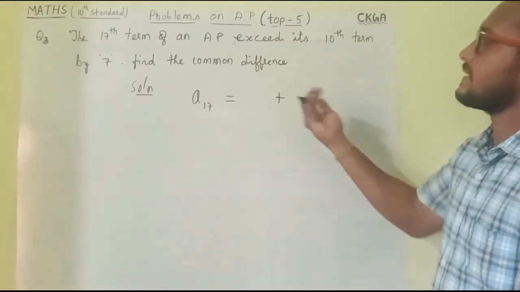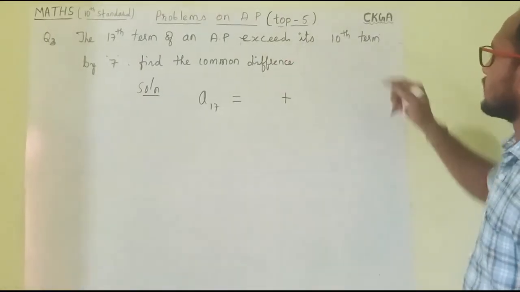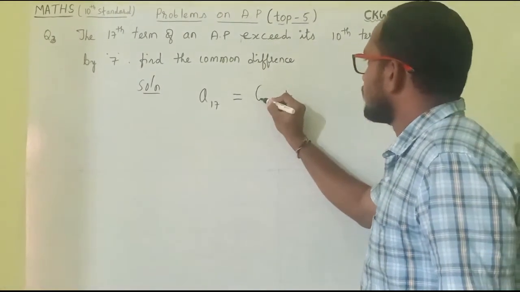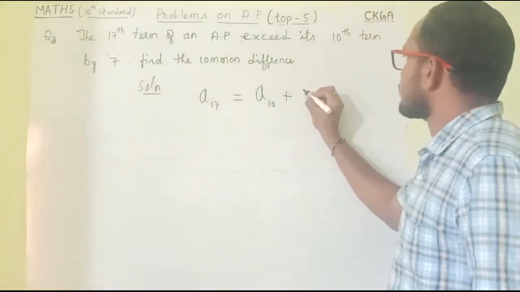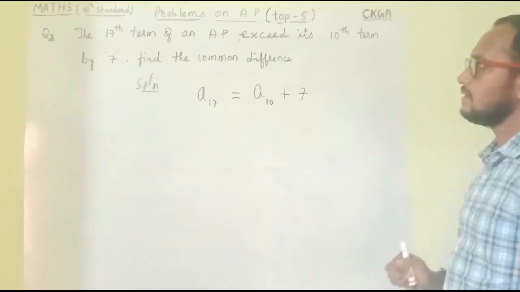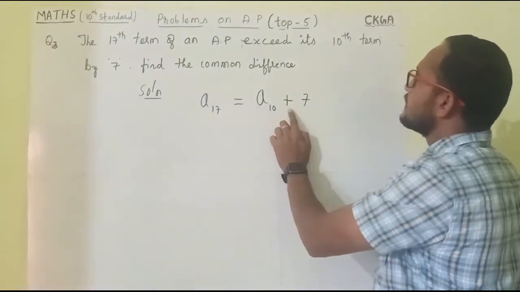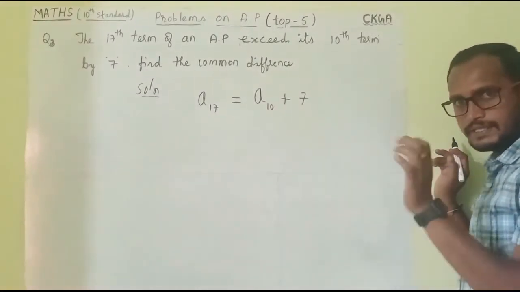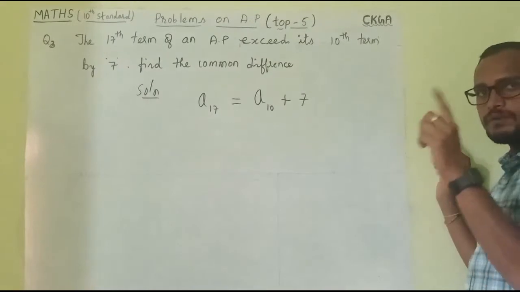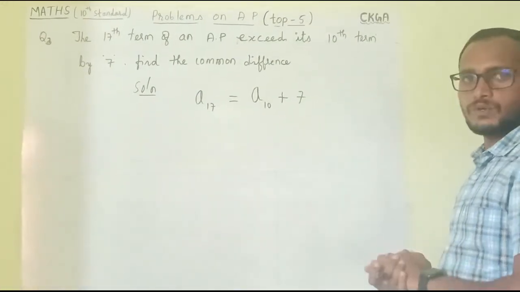What could be the 10th term then? A10, by how much? That is 7. It's very simple. The 17th term of an AP exceeds its 10th term by 7. I'm repeating, it's very important for your examination.